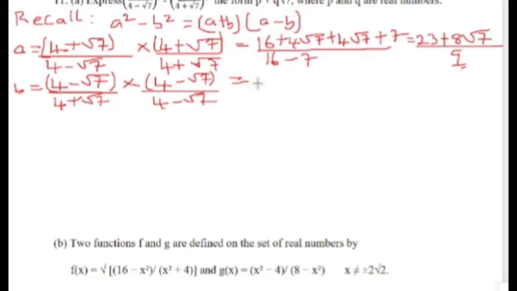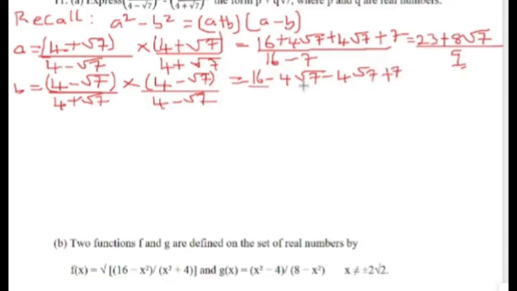Now 4 times 4 is 16. This is minus 4 root 7. Minus root 7 times 4, simply expanding the numerator. Then lastly, we are going to have minus root 7 times minus root 7, which gives us plus 7.